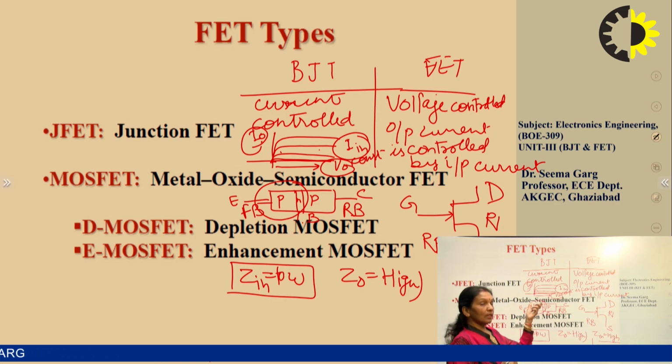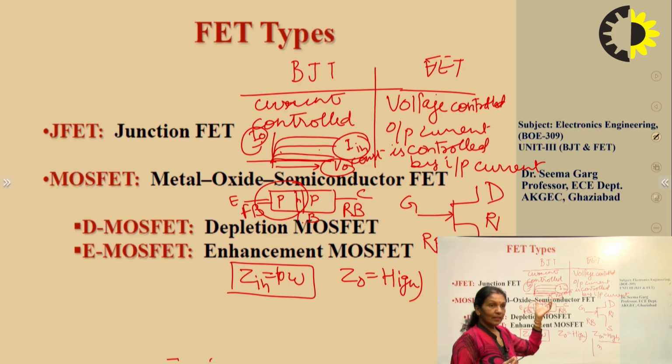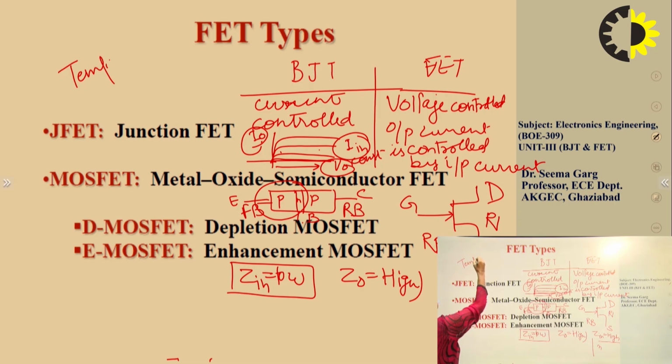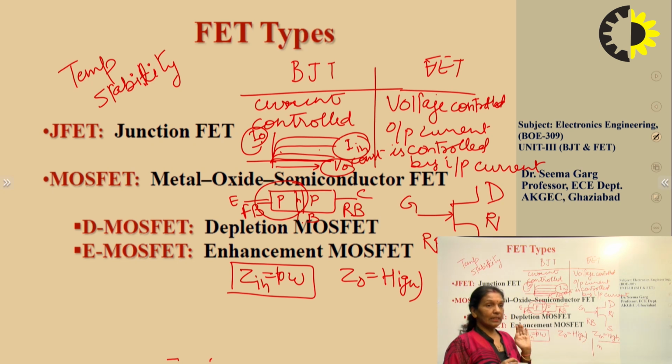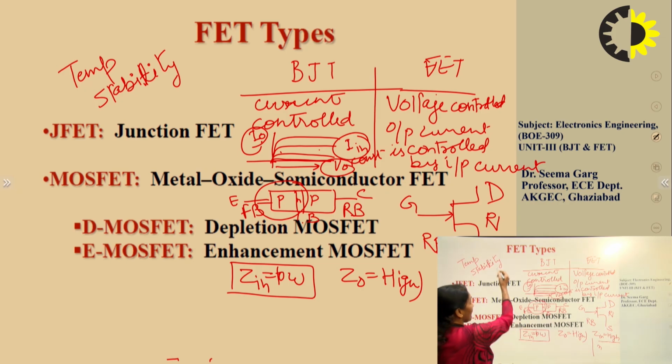Also, the temperature stability. If we talk about temperature stability, we have already discussed in the previous lectures that the BJT is a temperature sensitive device, where 3 parameters get affected by variation in temperature. What are those 3 parameters?